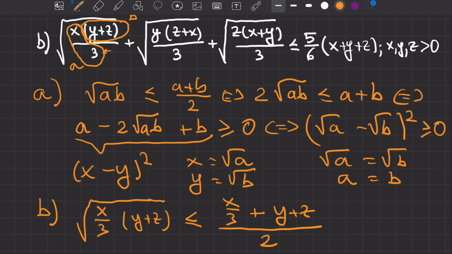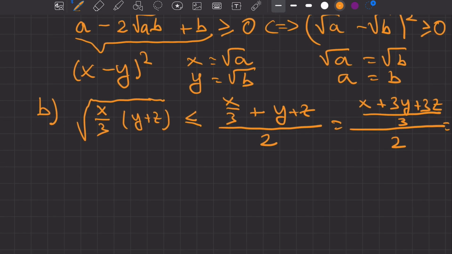And this is equal to x plus 3y plus 3z over 3, or everything over 2. And this is equal to x plus 3y plus 3z, everything over 2. 3 goes here, and we have 2 multiplied by 3, it's 6.